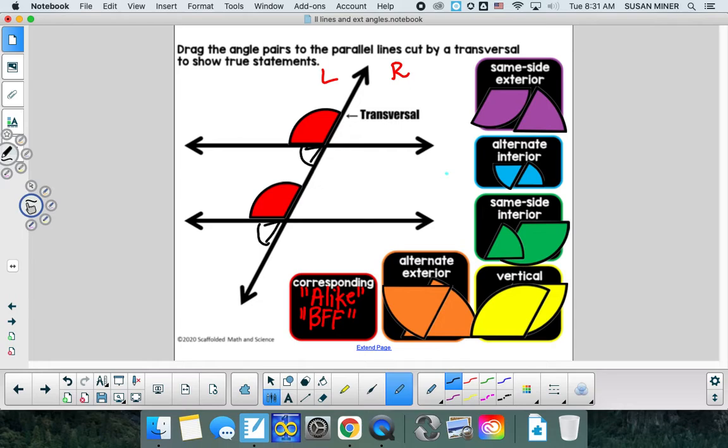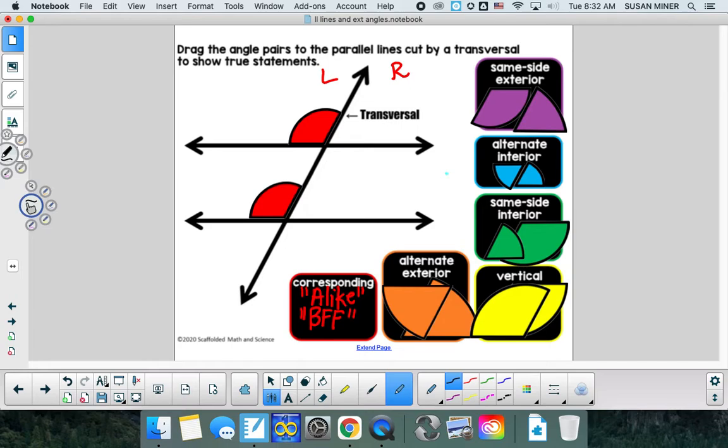So on the parallel lines that are being cut by the transversal, there's more than one set of each of these angles. And as I go through, try to find another set that would match.